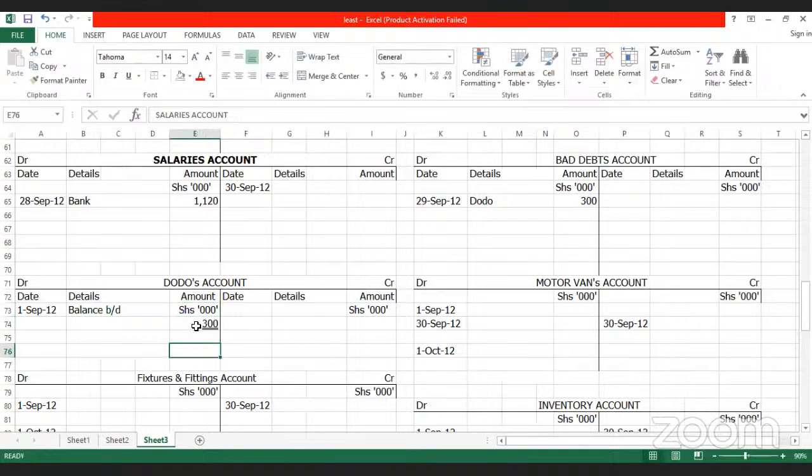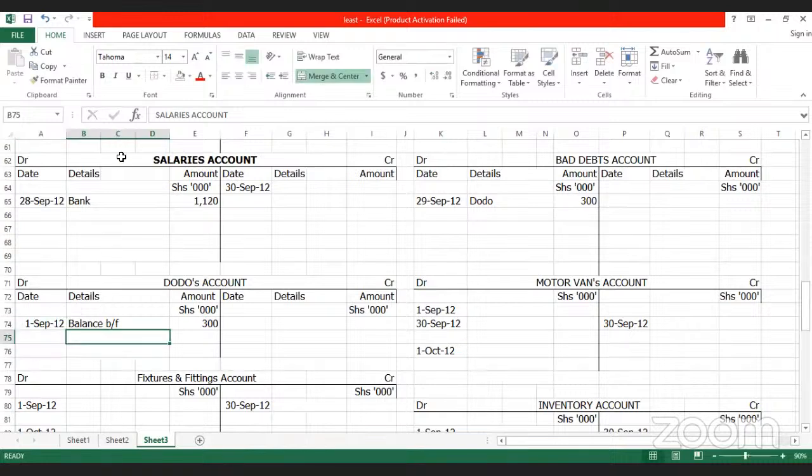It will be down here. Balance brought forward. So 300.